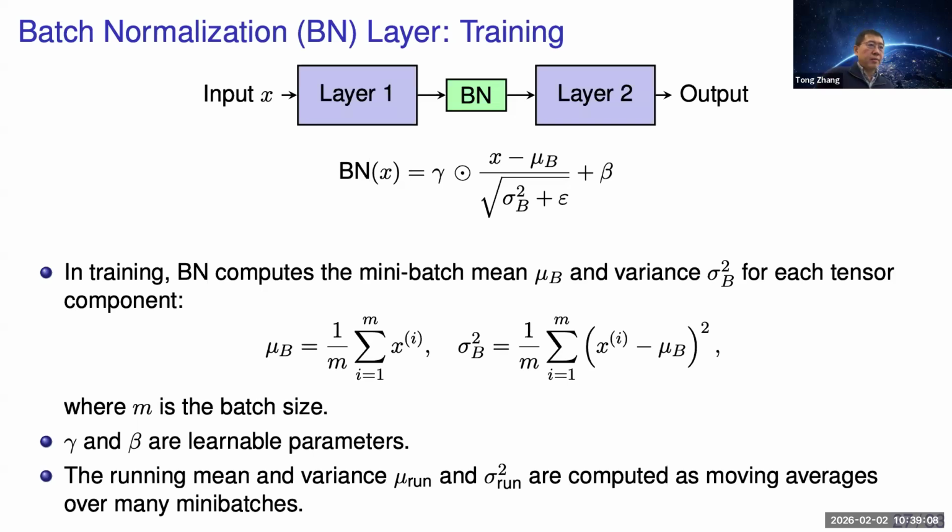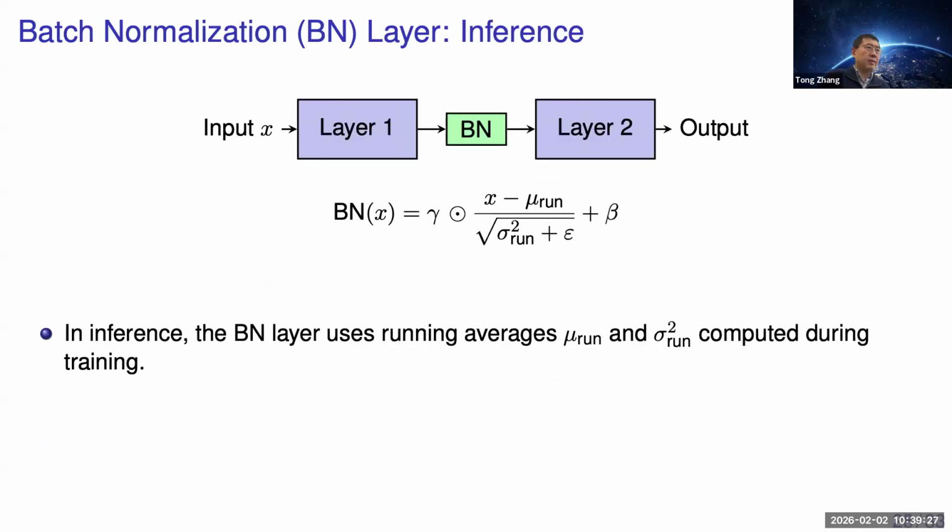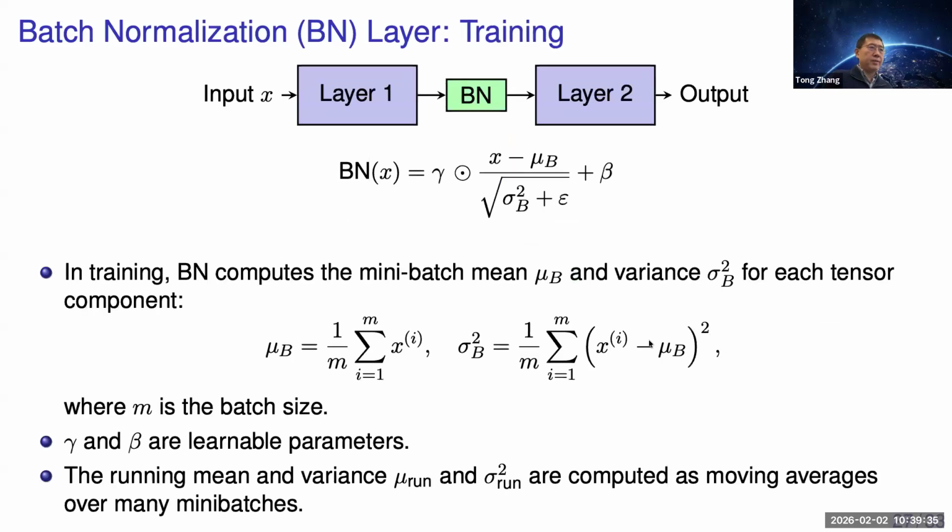The running mean is the computed moving average. This one is for the training, right? This is a batch, but the running mean should be for the inference. So for the inference, you use the running statistics, because the batch is just for training.